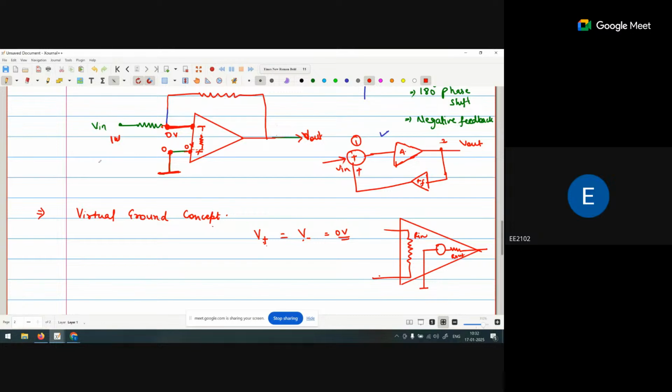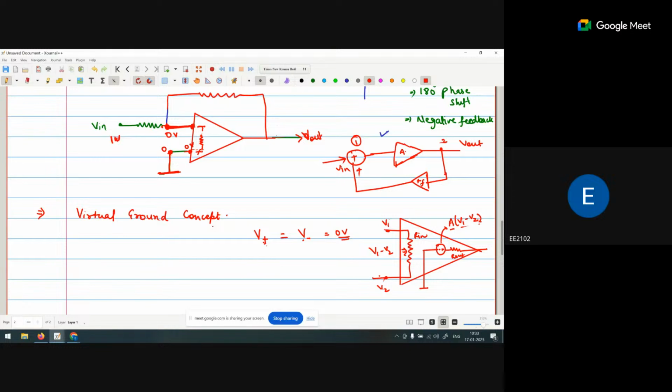The voltage at this point I consider V1, the voltage at this point we consider V2. So the voltage drop across this resistor is V1 minus V2. Now this voltage source voltage is A times (V1 minus V2). So A is the gain, and V1 minus V2 is the voltage difference between these two terminals.